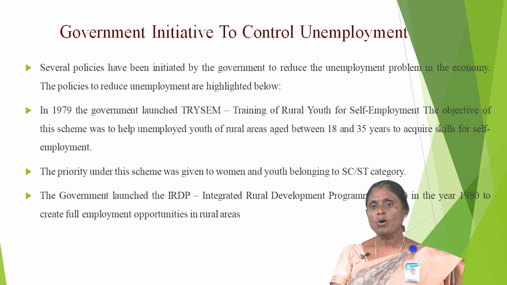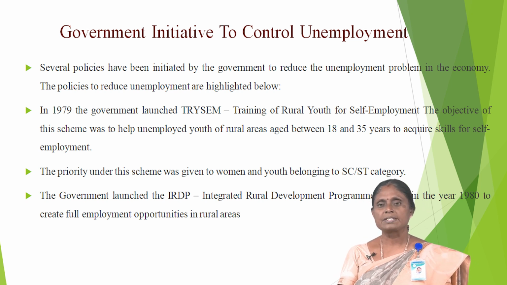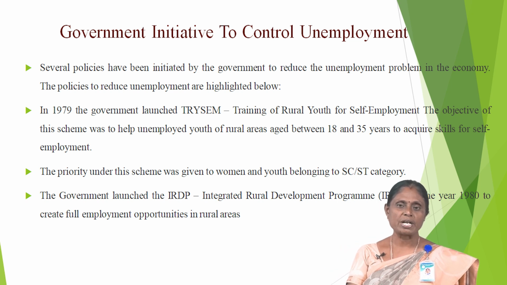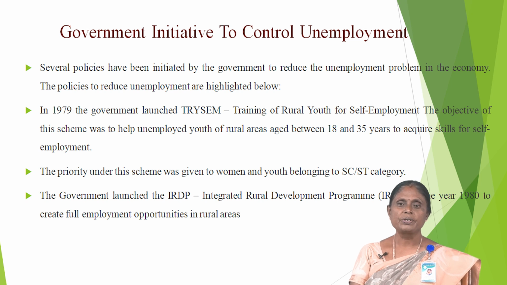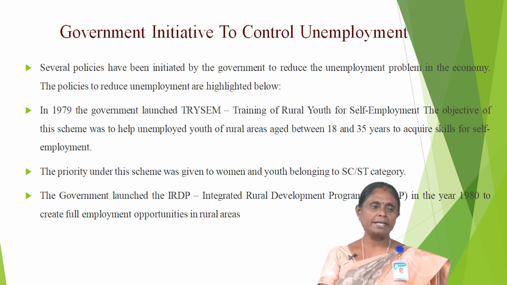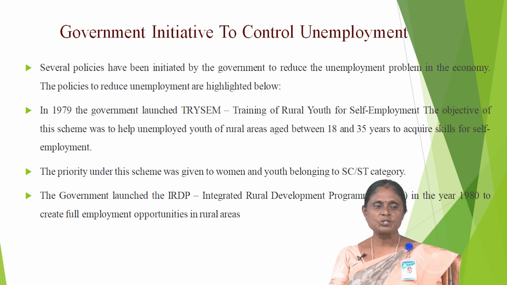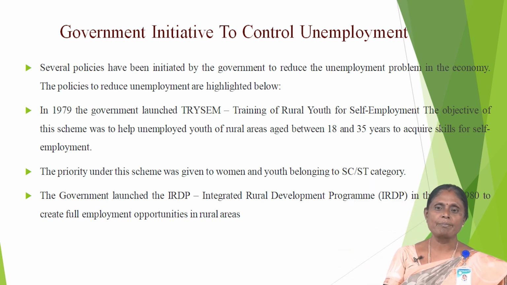Next, another government initiative to control unemployment. See, several policies have been initiated by the government to reduce the unemployment problem in the economy. So, the policies to reduce unemployment are highlighted one by one. In 1979, the government launched TRYSEM, that is Training of Rural Youth for Self-Employment.